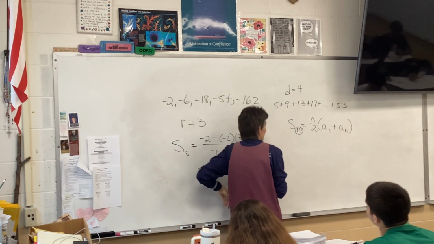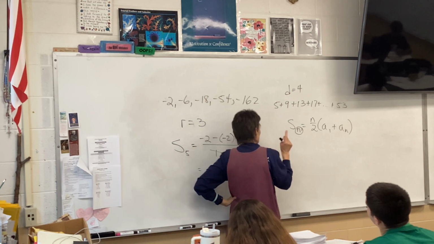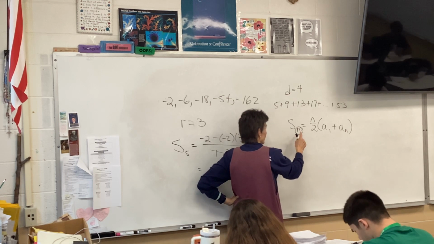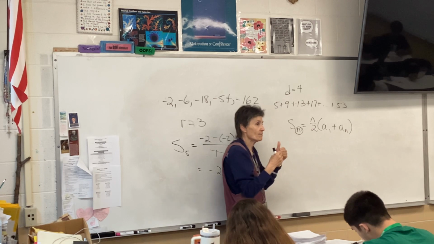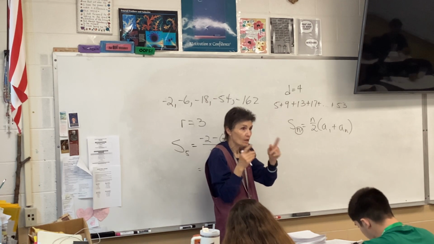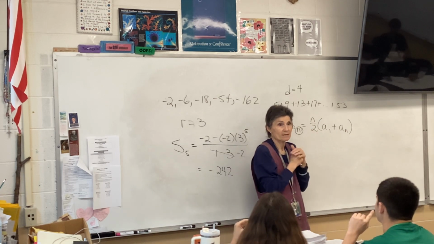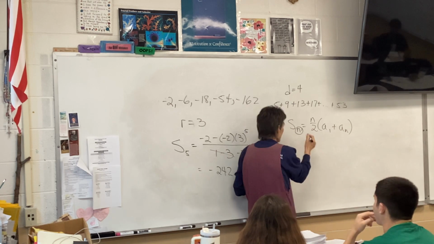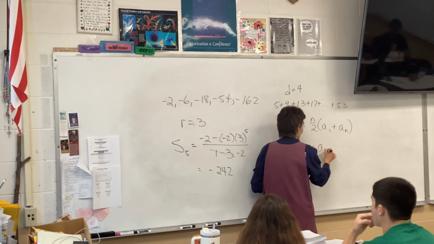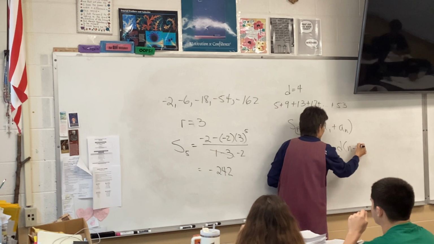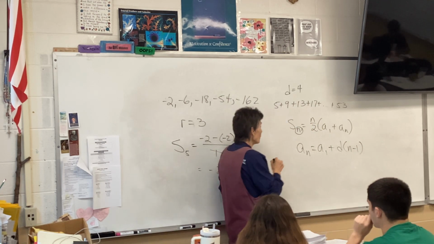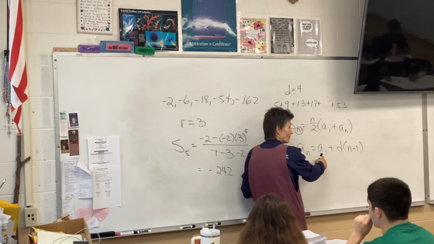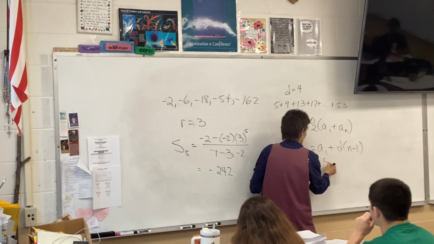Here's my little advice to you. If you're trying to use the new formula and you don't have the information that you need, go back to yesterday's formula. So yesterday's arithmetic formula was this. Do I know the first term? 5.